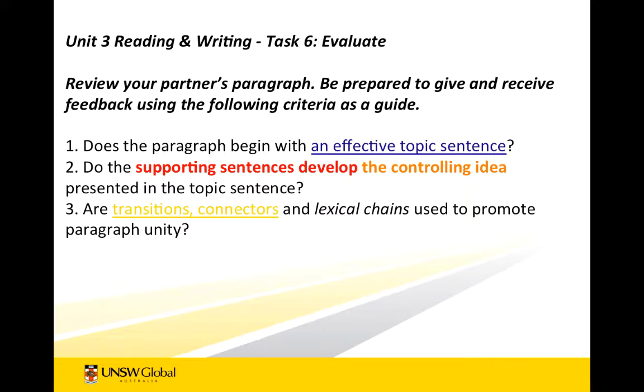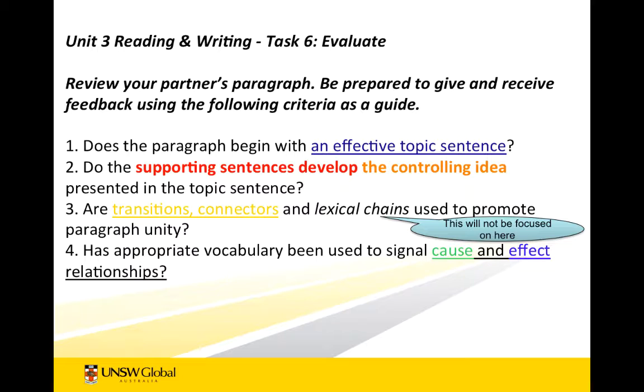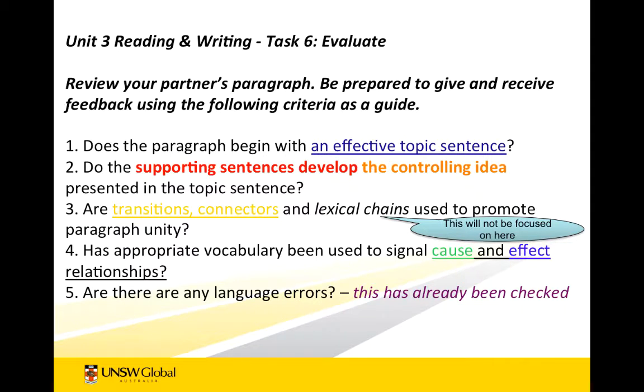We'll also look at transitions and connectors. Note that today we will not be focusing on lexical chains. We'll also be highlighting the cause and effect language that is used in the paragraph. And in terms of any language errors, this paragraph has already been checked for errors.